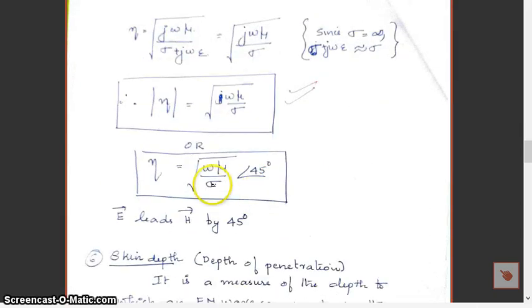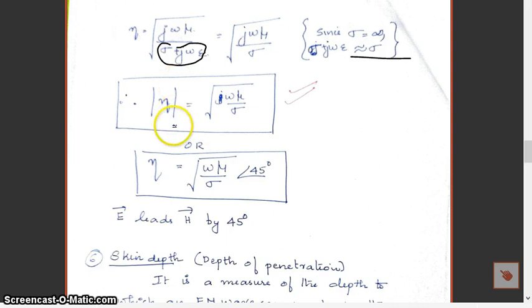Then similarly you have intrinsic impedance eta is equal to square root of j omega mu by sigma plus j omega epsilon. So since sigma is infinity, this denominator term sigma plus j omega epsilon can be written as nearly equal to sigma. So I can write square root of j omega mu by sigma. So the amplitude is square root of omega mu by epsilon.